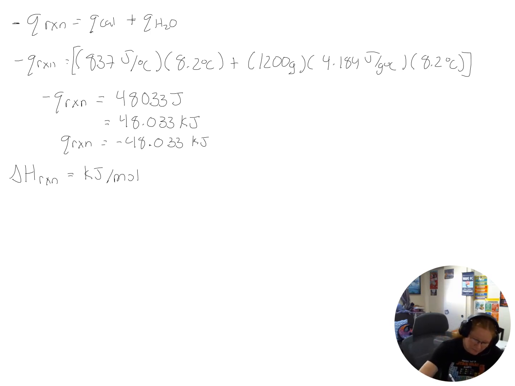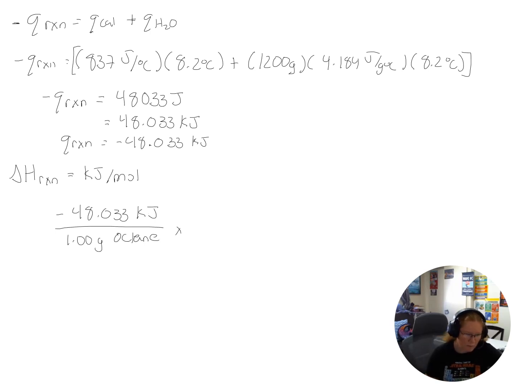So I had negative 48.033 kilojoules of energy for that 1 gram of octane. I need kilojoules per mole, so I just need to do a grams to mole conversion. It's 114 grams for every 1 mole.